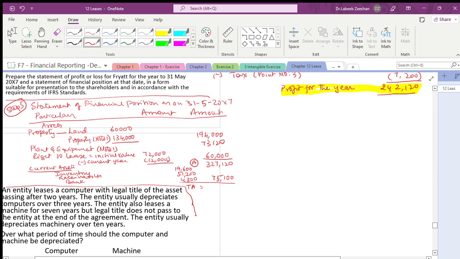Total assets will be how much? 402,220. Check.